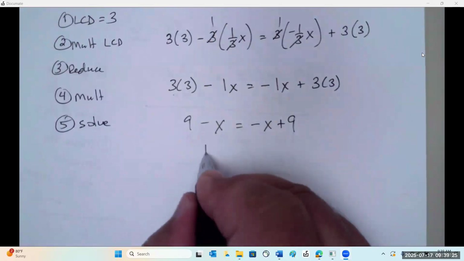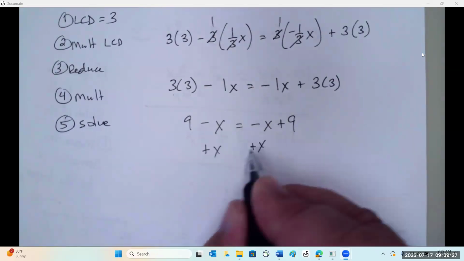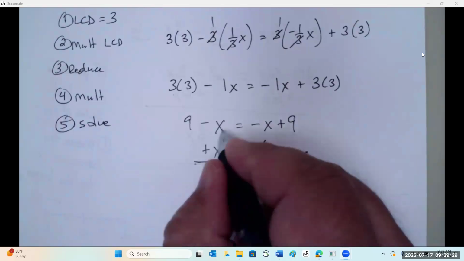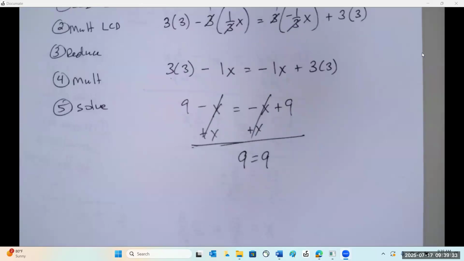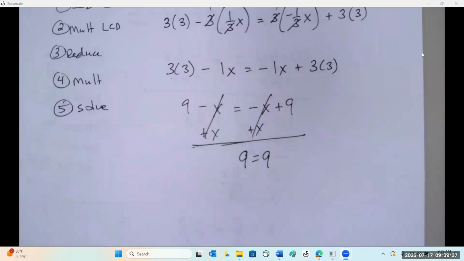Now we solve. Add x to both sides. Does 9 equal 9? Yes.